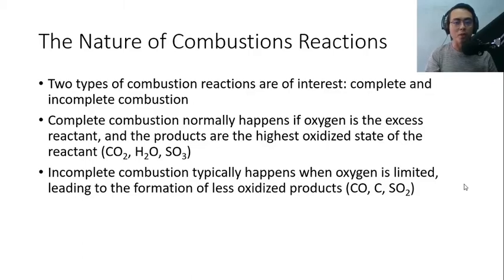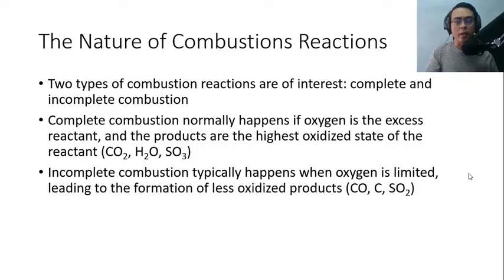In incomplete combustion, what normally happens is that your fuel cannot sufficiently react with the oxygen supplied. That's why you cannot generate the highest oxidized products. A part of the carbon could be transformed to CO2, but also a part of it is transformed to carbon monoxide. That is a telltale sign of incomplete combustion.